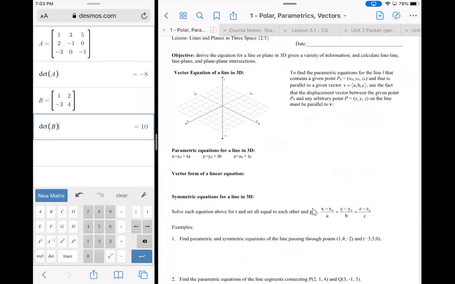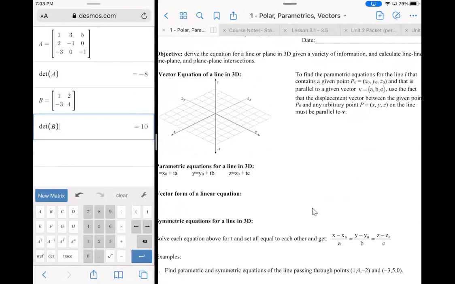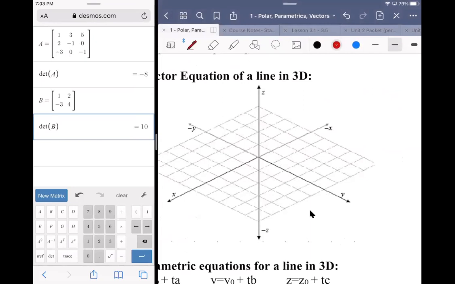All right. So what I'm going to do is plot an arbitrary point that we call point XYZ, and X sub 0, Y sub 0, Z sub 0. So basically we have 2 points, point P sub O and point P. I'm going to plot those in space somewhere. It doesn't matter where you put them. I'll put point P sub O over here, and point P right about here.